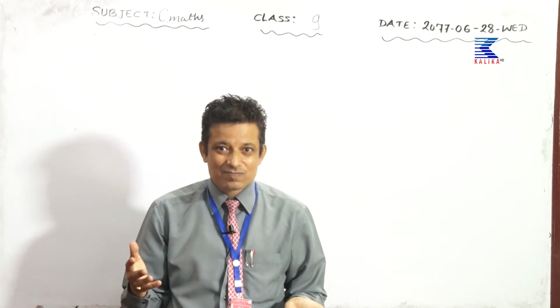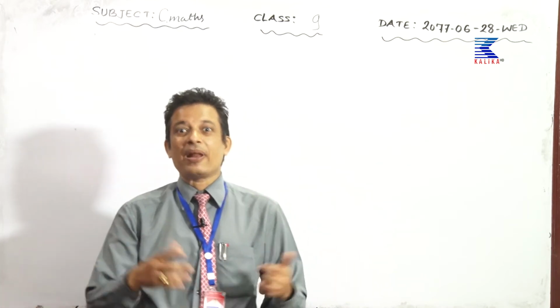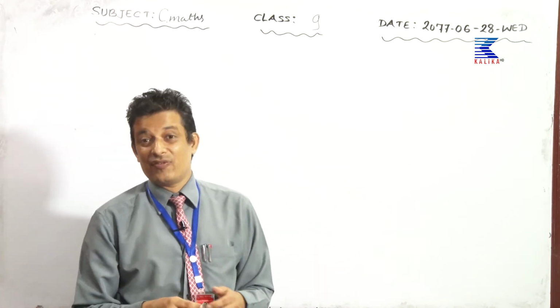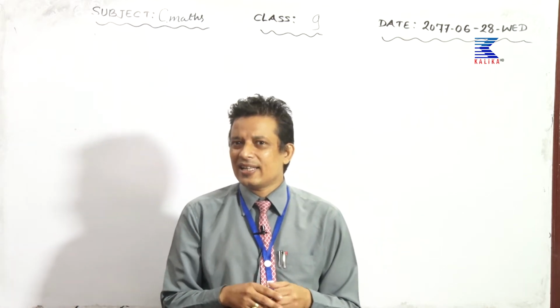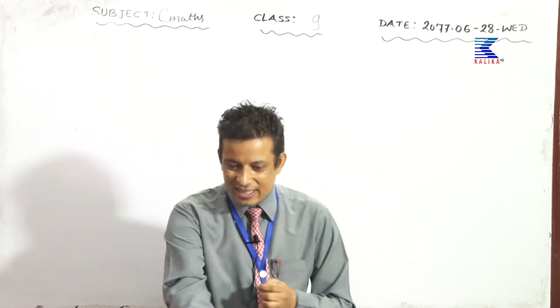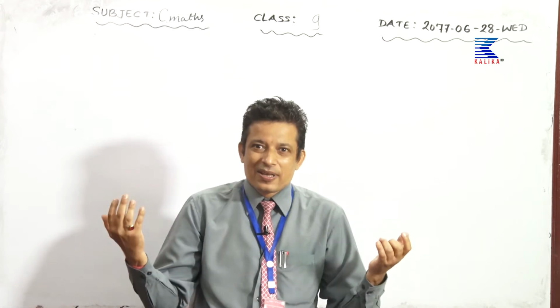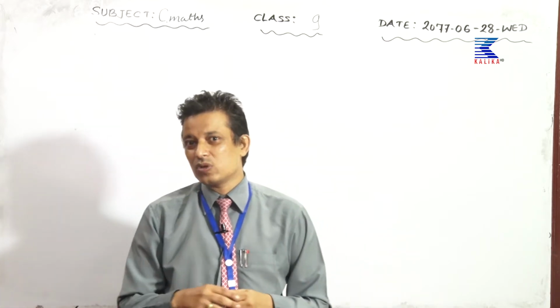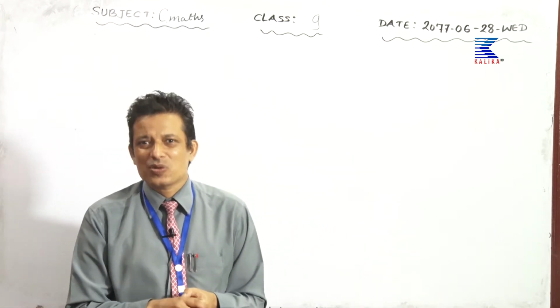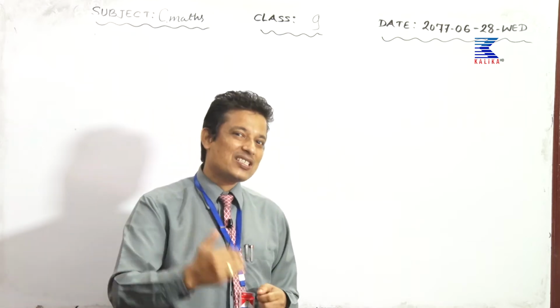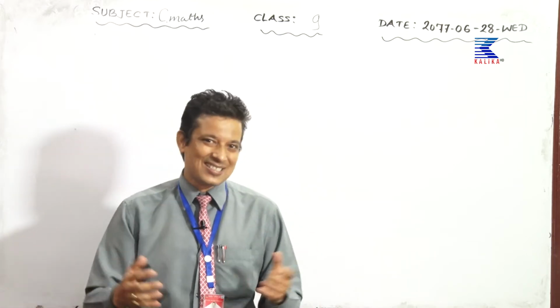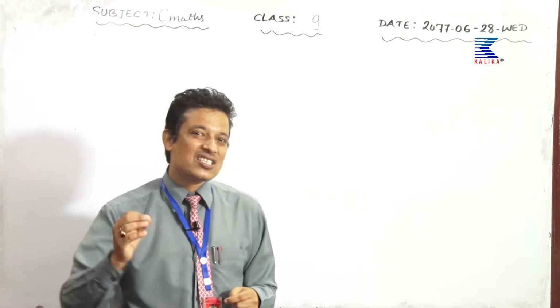People playing cards, 52 cards are there, and they get a card, which may be any one out of those 52 cards. So, today we are going to discuss all these matters, dear student. This is a very interesting chapter.